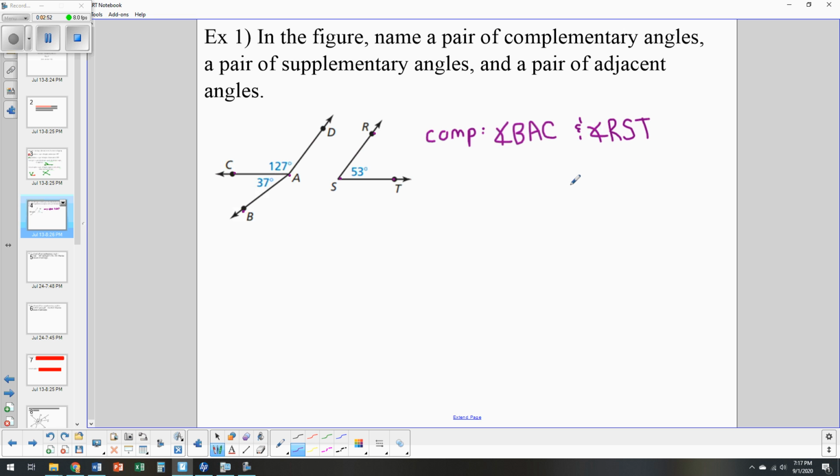For a pair of supplementary angles, I know that they have to add to 180. 127 plus 53 is 180, so my supplementary angles would be angle CAD and angle RST.